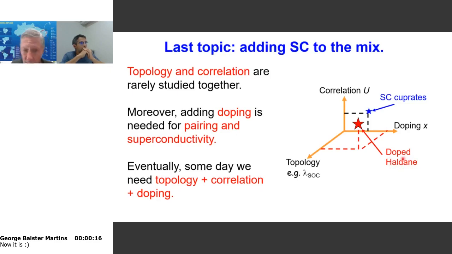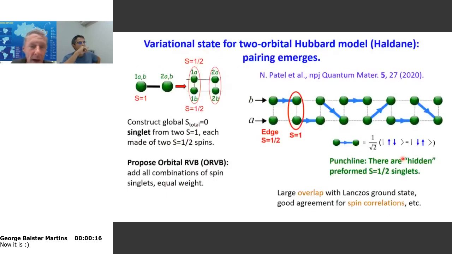We will dope it. And we found numerically that it goes superconducting. So what I will show you is just a summary. You can consult this publication. So I'm giving you just a few words of a big effort.